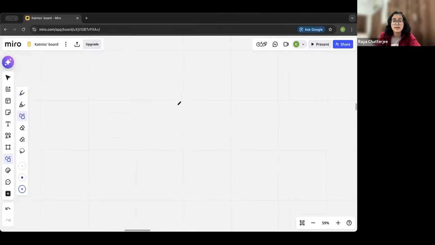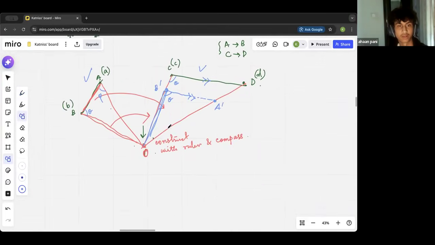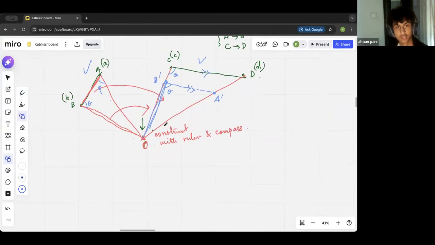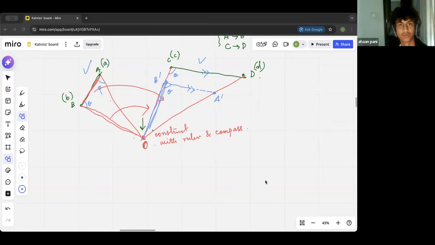But you can obviously draw parallel lines. So if you're shifting B to 0, then you can shift A to A minus B quite clearly. Compass for length, and angles, you can replicate angles.